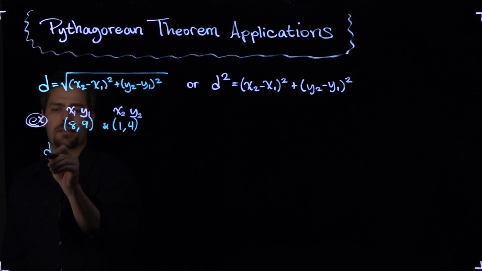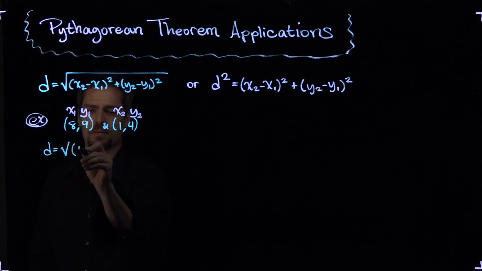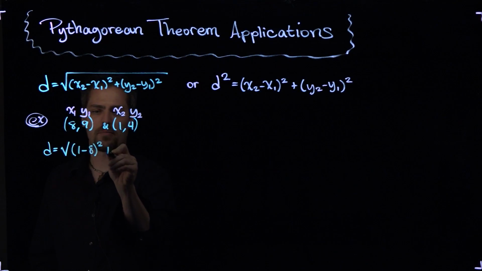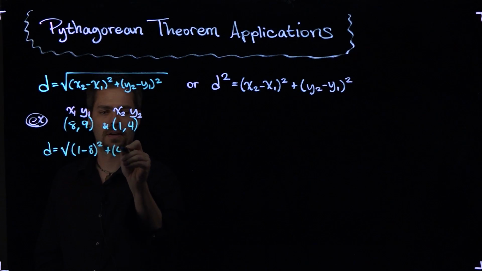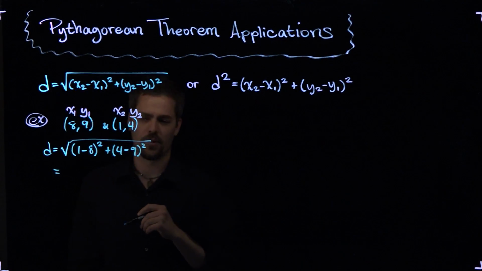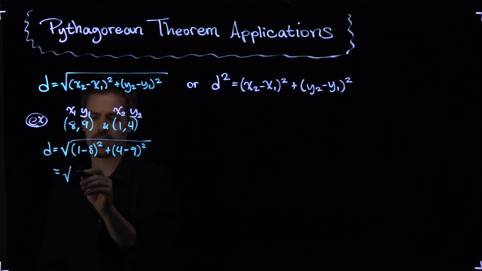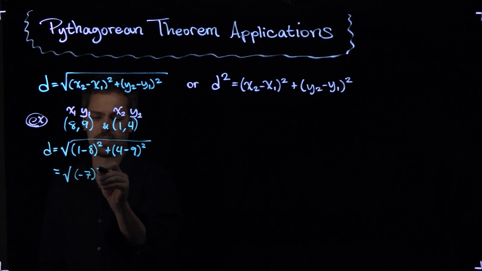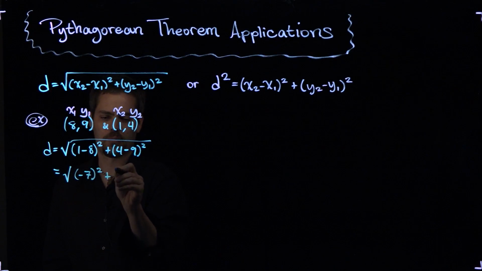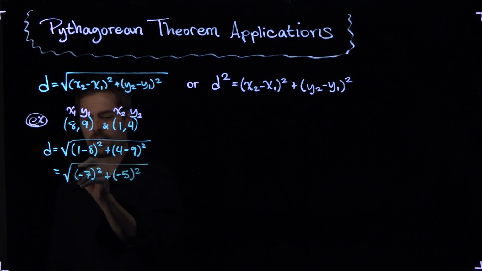So d is equal to the square root of parentheses x2 minus x1, quantity squared, plus parentheses y2 minus y1, quantity squared. The root is over the whole thing. And then just keep going from here. So this gives me the root of 1 minus 8, which is negative 7 in the parentheses squared, plus 4 minus 9, which is negative 5 in the parentheses squared.